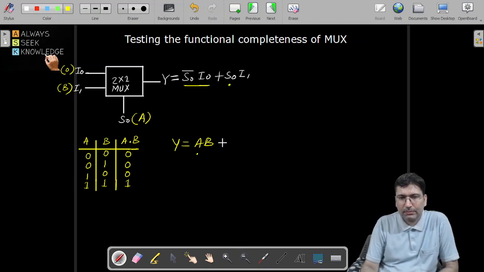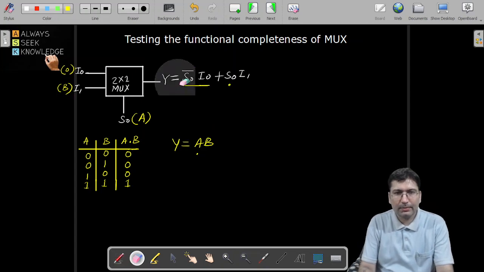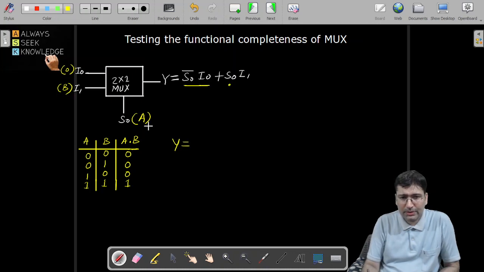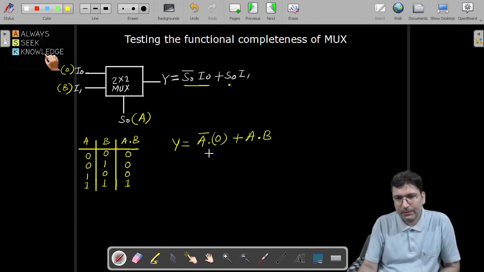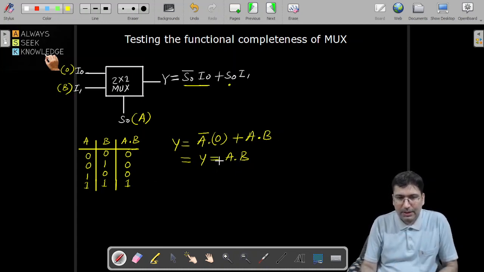So if I write it in the same manner, instead of S0 we are getting A, because S0 is A, dot I0 is 0, so this portion will be eliminated. S0 is A, dot I1 is B. So in that way this Y will be capable enough to generate AB, right? So it will be generating AB.